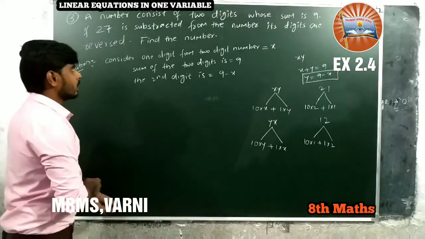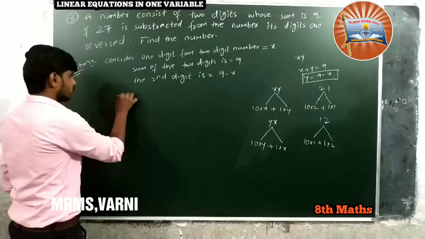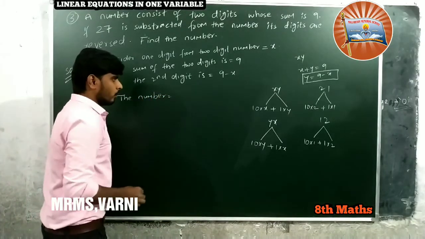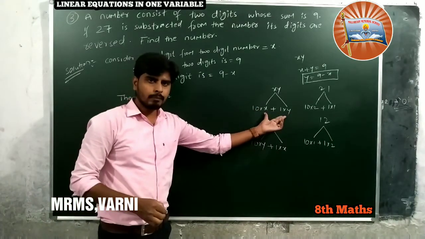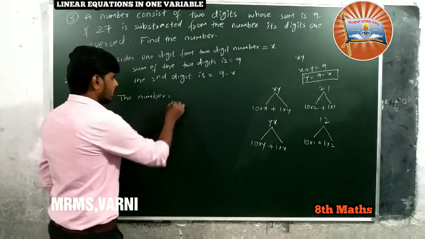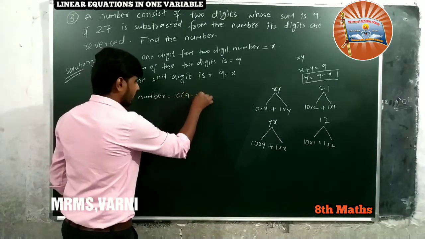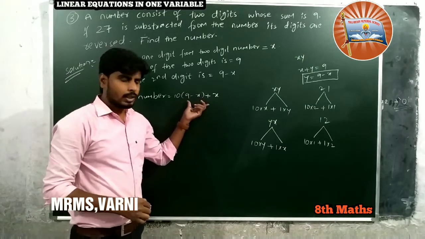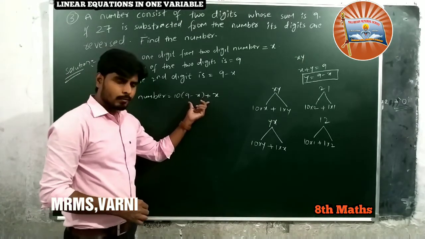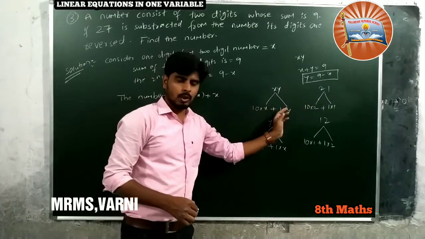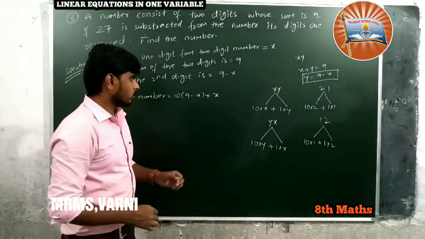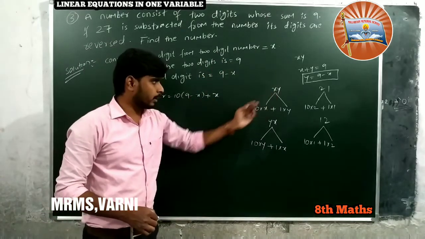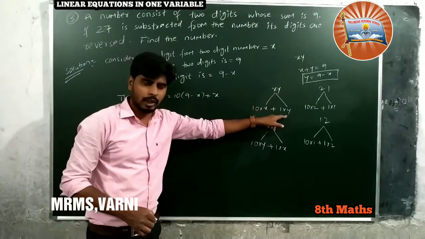So next, the number. With the use of this property, I am writing here 10 into 9 minus x plus x as our required number. So how can I write this? By using this property. If this is a two-digit number, we can write 10 into x plus 1 into y.